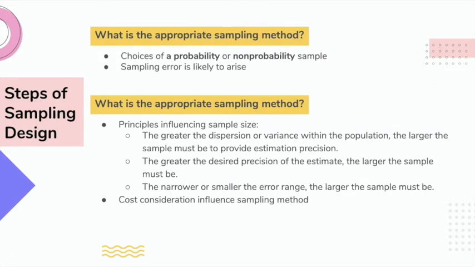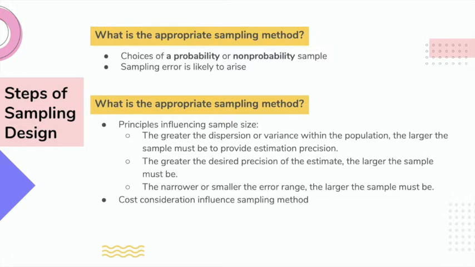The fourth step is, what is the appropriate sampling method? It is when the researchers choose whether to do the sampling by probability or non-probability sample. And here, sampling error is likely to arise. And then the last one is, what is the appropriate sample size?